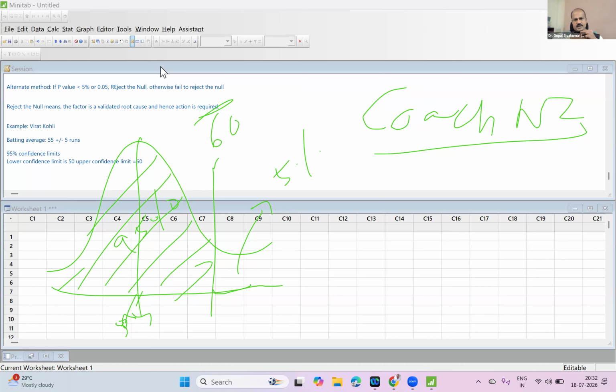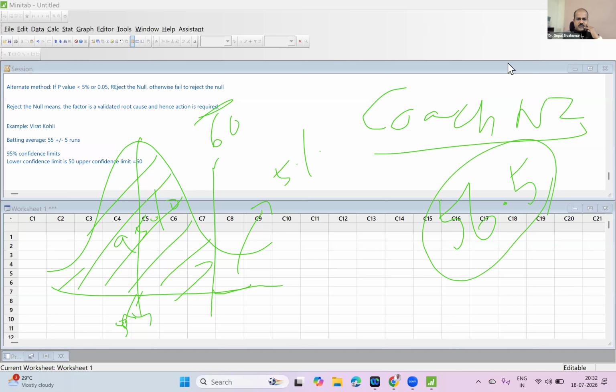The coach gives 2 to 3 months of coaching, and afterwards Kohli is allowed to play another tournament. After the tournament is completed, the batting average of Kohli is calculated, and it is found to be 56.5.